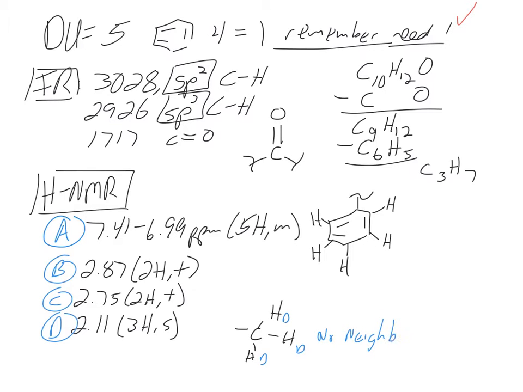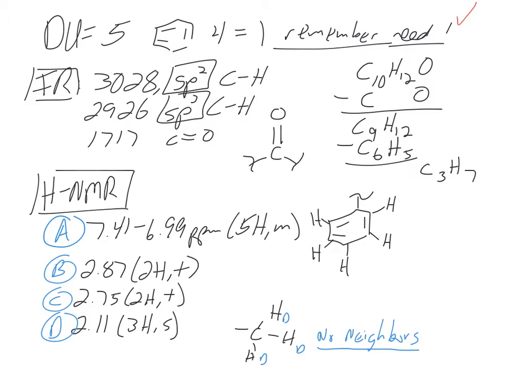Because what's going to happen is we're making all these pieces, and when we try to put them all together, we got to remember some hints. So one of our hints for this one is no nearest neighbors. What about the frequency? It's at 2.11. What range is that? So it's a little downfield than normal. But look at your table. What could it be next to? Right next to an oxygen?